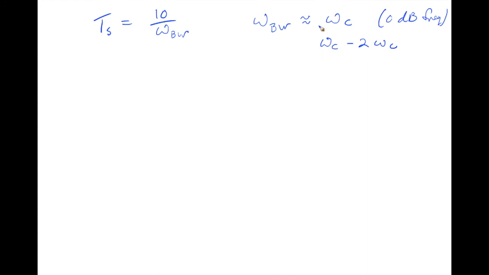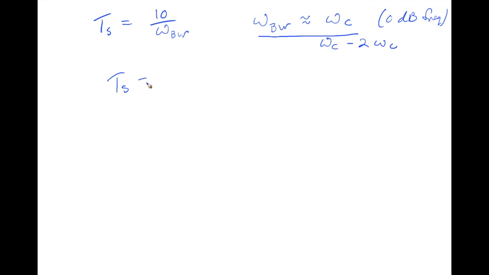And so again, if we assume that omega BW equals omega C, we're going to be getting a conservative estimate because settling time is divided by omega BW.